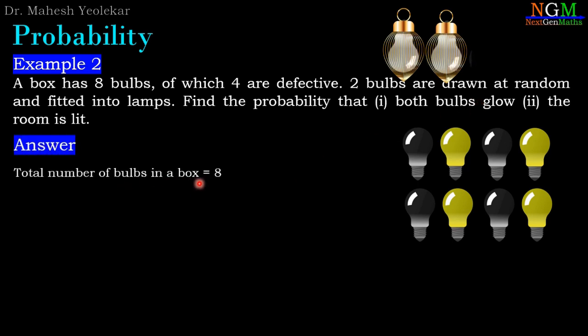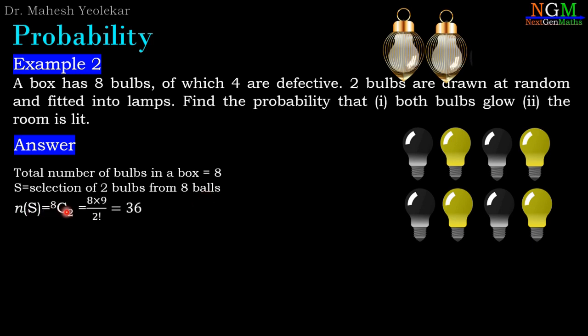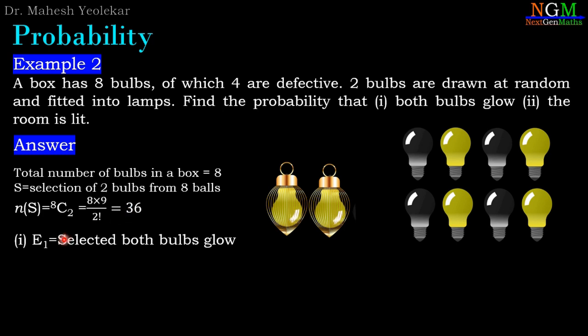So we have a total number of bulbs in the box, which is 8. We want to select 2 bulbs from 8 bulbs. So the number of elements in S is 8C2, because it is a selection process. So 8 into 7 divided by 2 factorial, which is 28. Now event 1: selected both the bulbs glow.